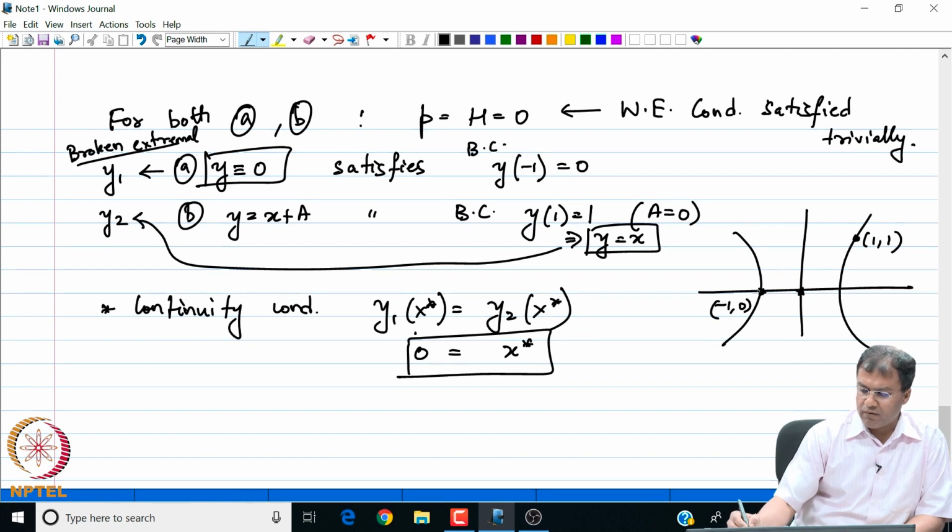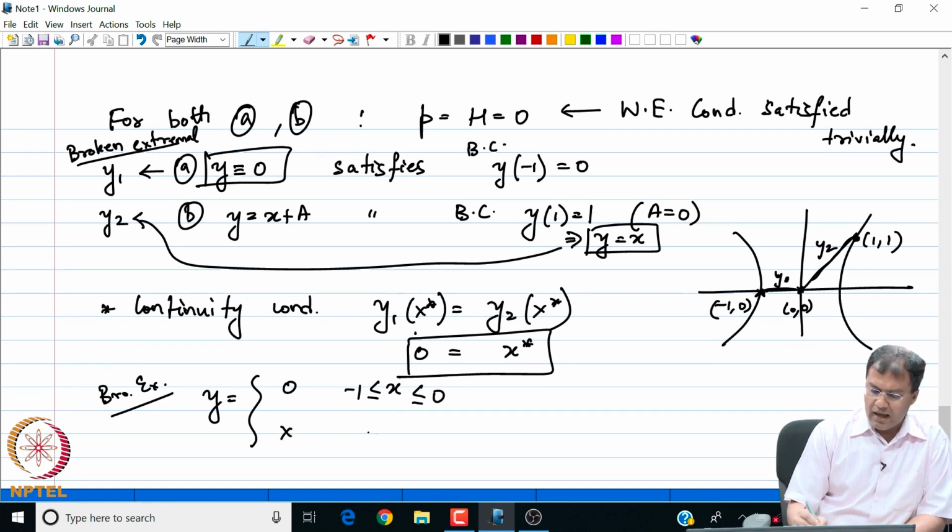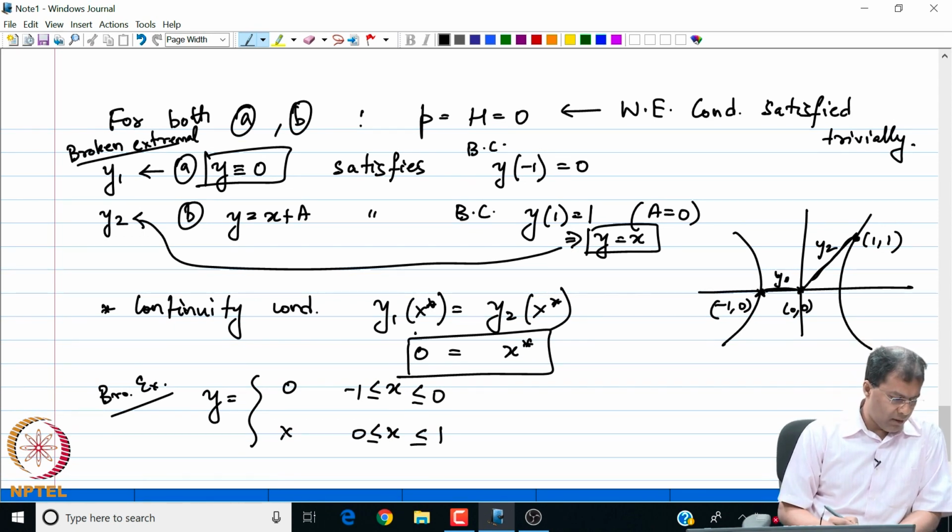So my extremal is as follows: from minus 1 to 0 we have y1, and from 0 comma 0 to 1 comma 1 we have y2. So my broken extremal y is 0 when x is from minus 1 to 0, and it is x when x is from 0 to 1.